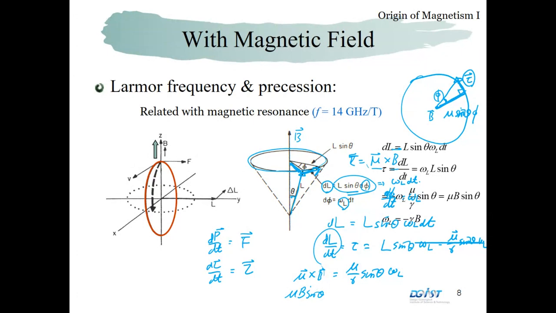If you compare those two, left-hand side and right-hand side, you can obtain omega L is here.